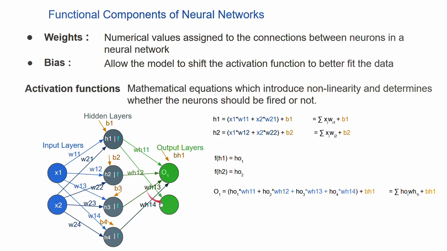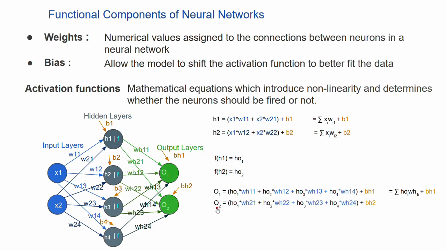Next we do the same for output 2. We have the weights from h1, from h2, from h3, and from h4, then we add the bias, and then we get o2.